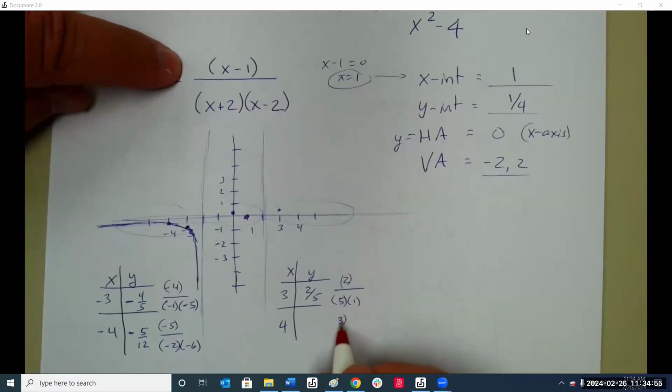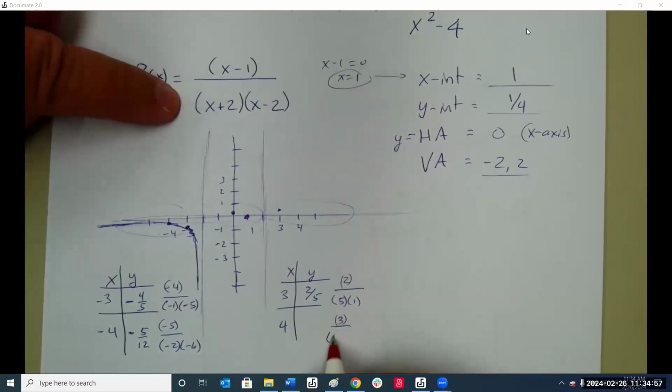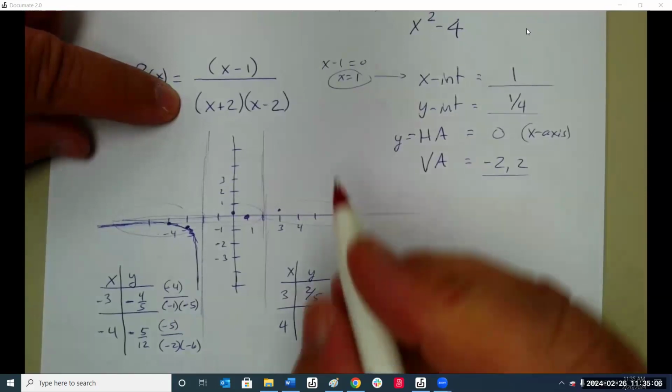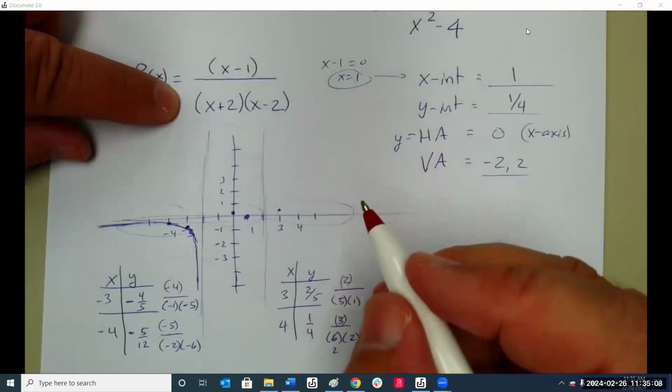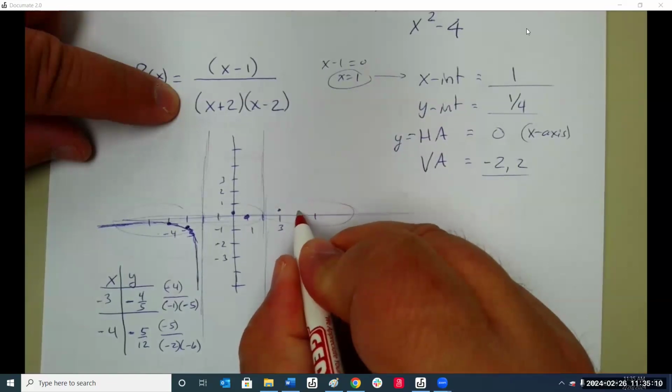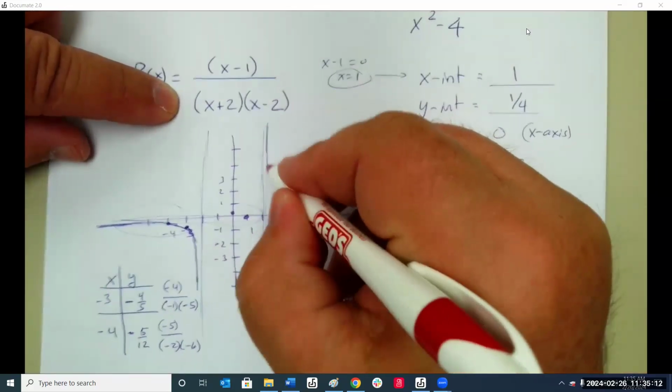Four minus 1 is 3. 6, 2. So that's 1/4. Same thing here.